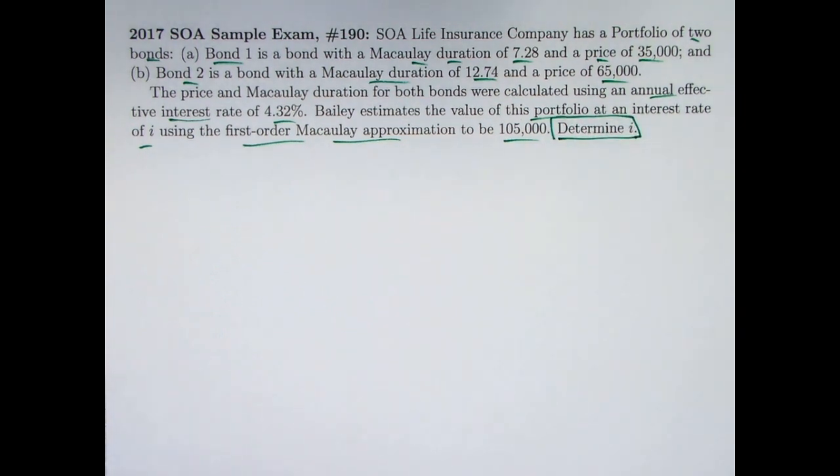Okay. Before we solve the problem, we should state a principle here. And that is, if you have a portfolio of bonds, and you know the prices of the bonds in the portfolio and their Macaulay durations, you can find the Macaulay duration of the portfolio itself, the combination of the two investments in this case, by taking a linear combination of the Macaulay durations of each thing individually, where the weights are determined by the relative sizes of those prices compared to the overall value.